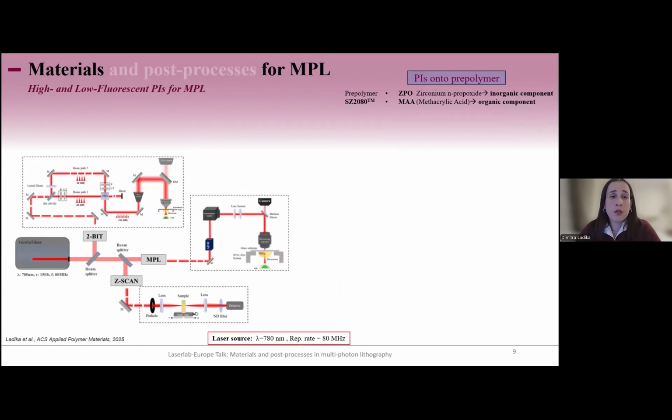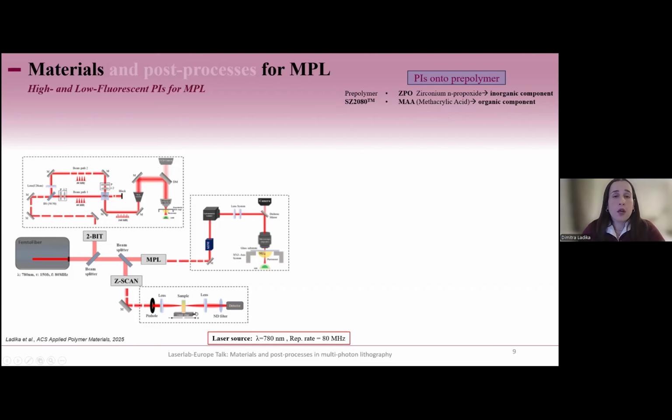So the first thing we did was to develop a setup that can somehow compactly introduce the properties of these PIs. We started by combining characterization techniques and, of course, the fabrication through MPL. We started with studying the PIs incorporated into the polymer, which was Z2080.